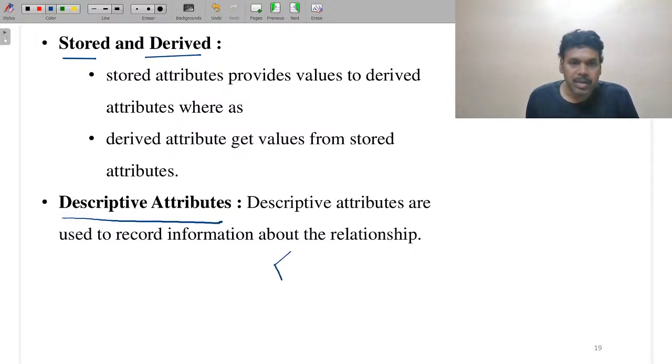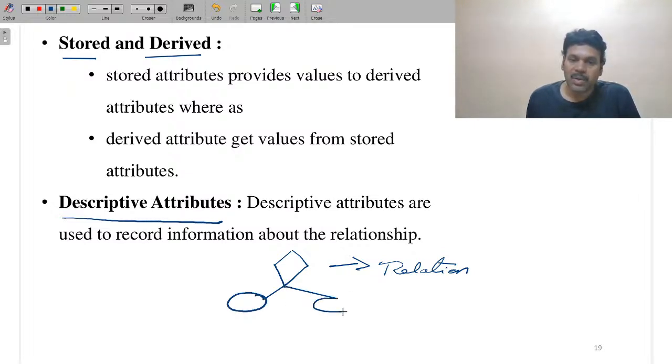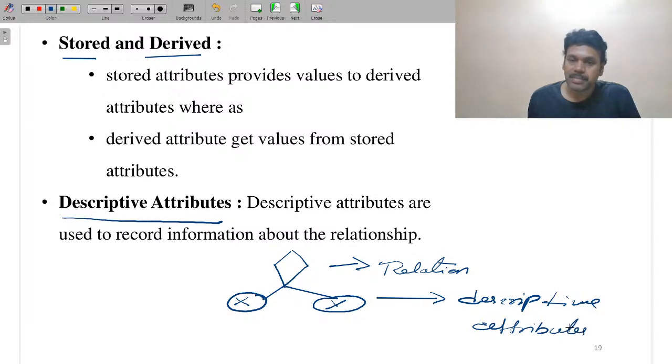For example, this is a special terminology we have not used so far. This is called a relation. If this relation has any columns here, something like X and something like Y, then these attributes are called descriptive attributes, which are trying to record some information about the relationship.